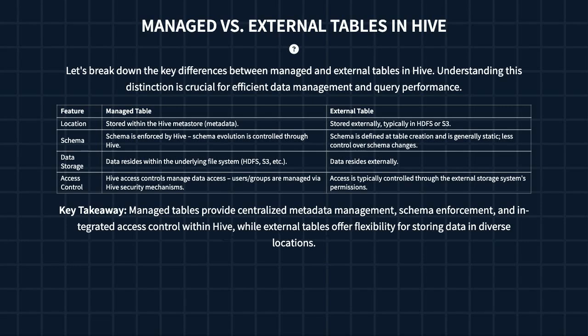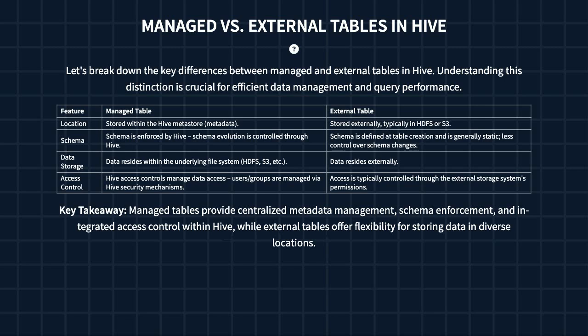Okay, let's talk about managed versus external tables in Hive. Think of a managed table as something that lives neatly inside Hive's organization. It's all tracked and controlled by Hive itself. It knows exactly where the data is stored, enforces the schema you define, and manages access for users. Now, an external table is different. It's like data sitting outside of Hive, maybe in HDFS or even on Amazon S3.